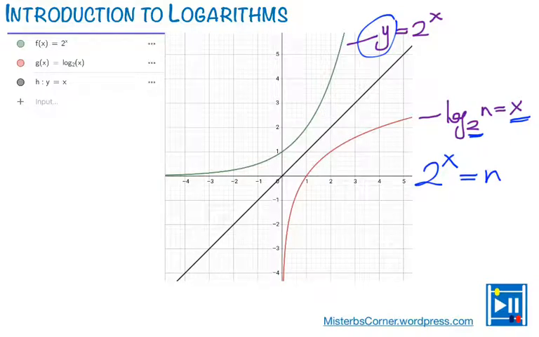You can see this is the y equals x line, the identity function, and based on that function, we can see that the exponential function is a reflection of the logarithmic function, or vice versa. So this makes one the inverse of the other.